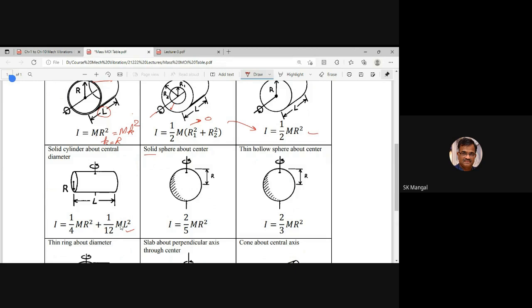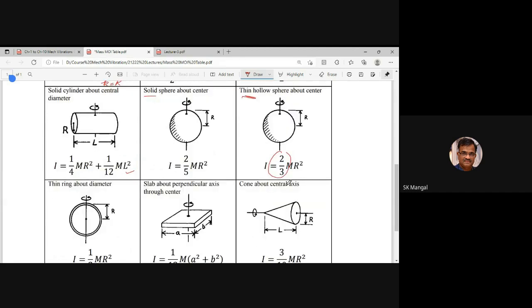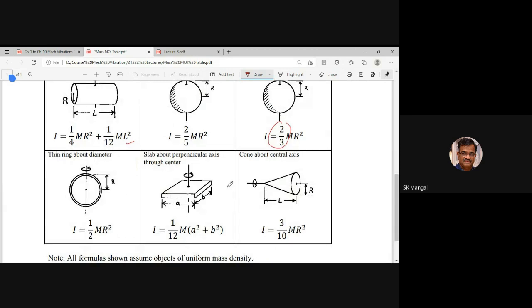If you are having a thin hollow sphere, then you are having 2 by 3 m r square. So for a thin ring, about the diameter, the moment of inertia of mass is given by 1 by 2 m r square.